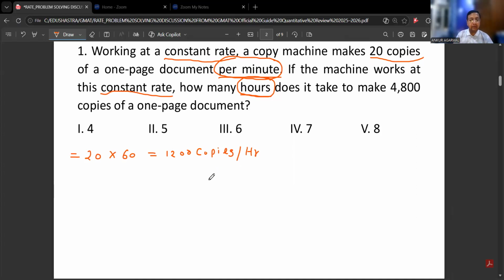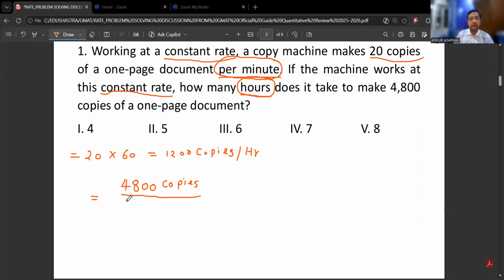Now, what I have to calculate: how many hours does it take to make 4,800 copies of a one page document? So how many copies you have to print? 4,800 copies you have to print. When you are solving, if you keep the units together with the numericals, you will be very comfortable in getting the answer.